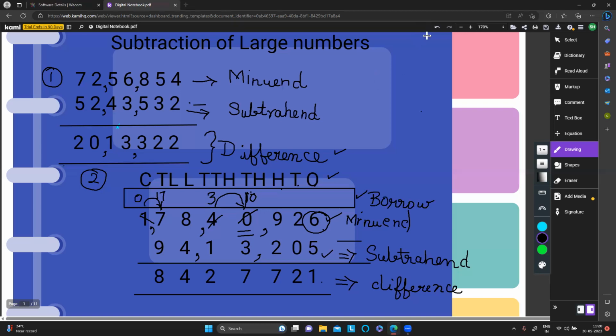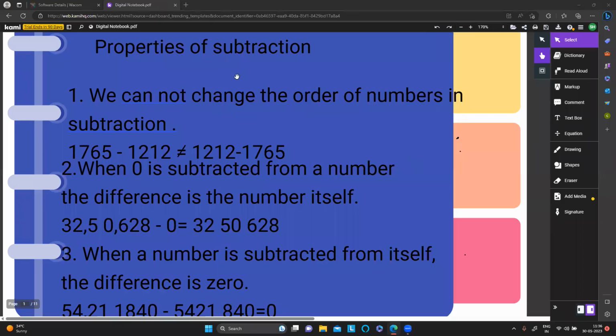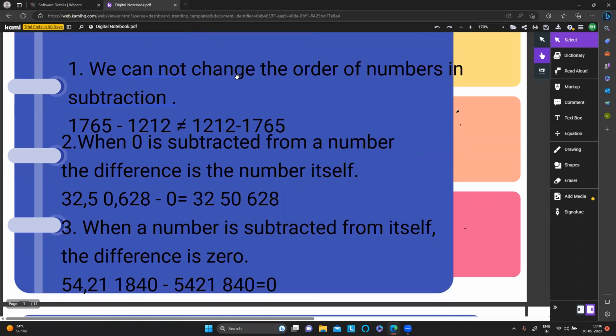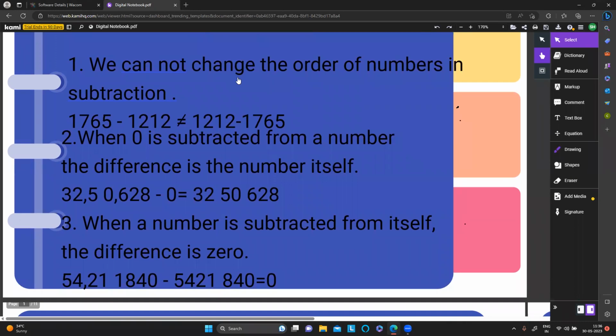Okay. Clear? Now we will move on to the properties of subtraction. So in the property of subtraction, the first thing that we are going to see is we cannot change the order of numbers in subtraction. Like in addition, whenever we want to put the addends in different orders, it will be giving you the same answers.